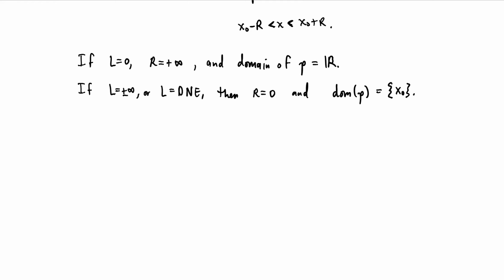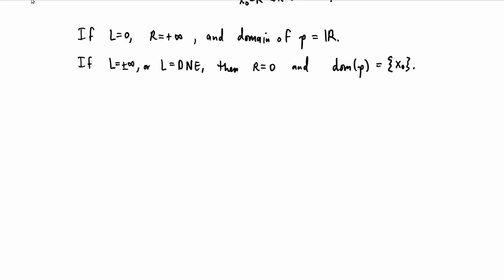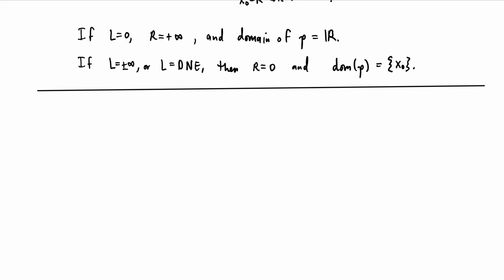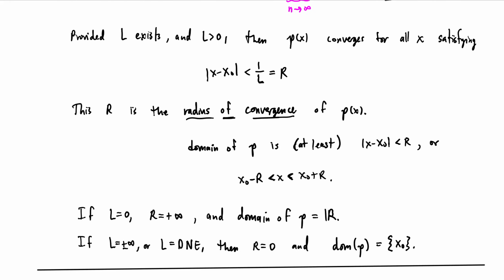Okay? So one last thing that I want to say before I end this lecture, and I know it's getting a little long here, but the one last thing that I'd like to say is, if we know that our radius of convergence is R, then we learn that we have this domain, right?